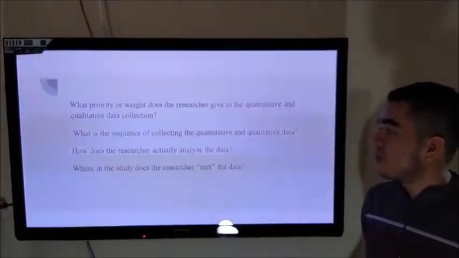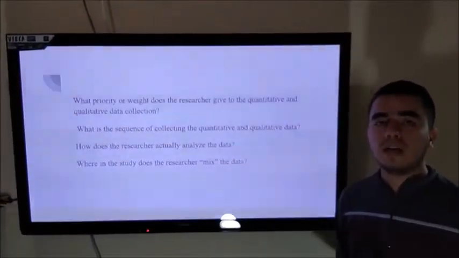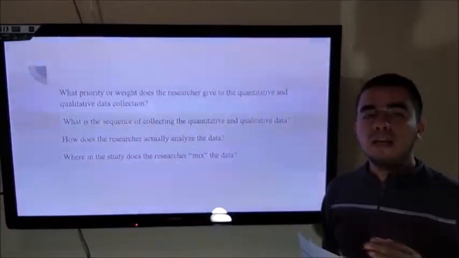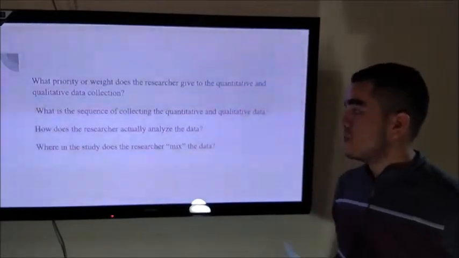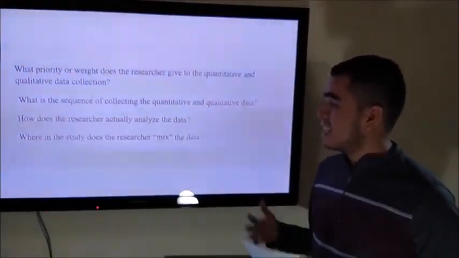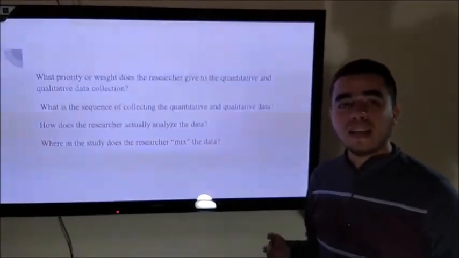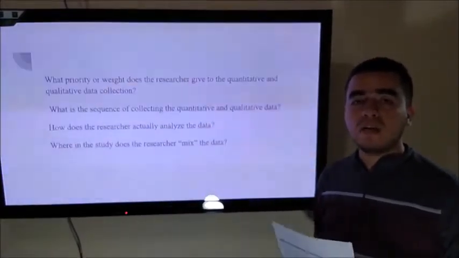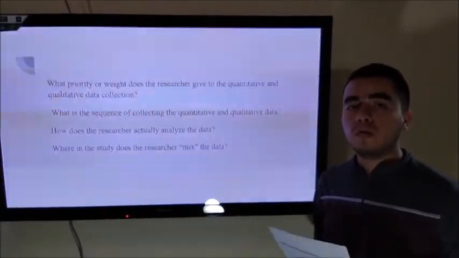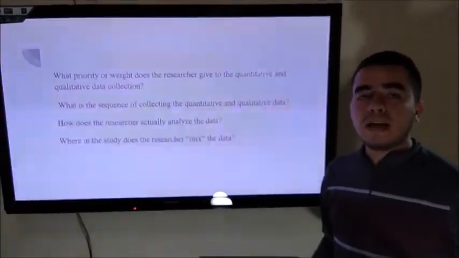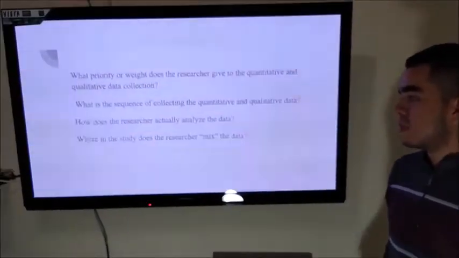Also, what is the sequence of collecting the quantitative and qualitative parts? For example, collecting qualitative first and then quantitative. And how does the researcher actually analyze the data: using triangulation, embedding, mixing, only comparing, and at the end supporting or creating an instrument based on the other part of the research presentation.